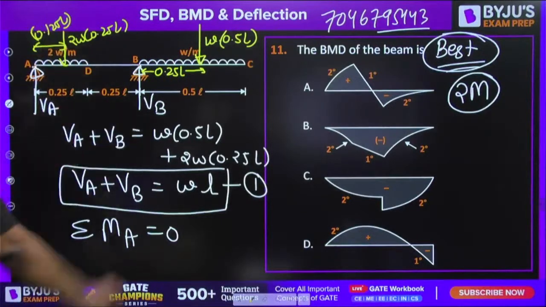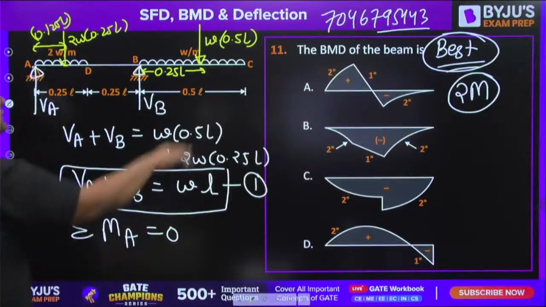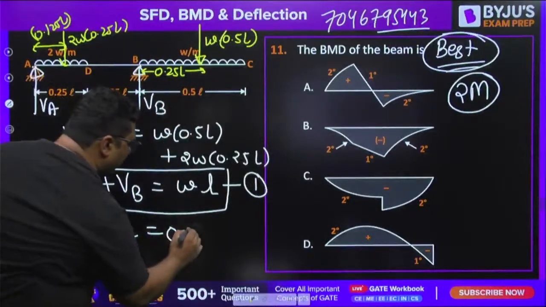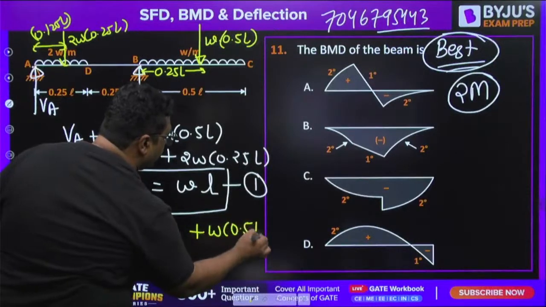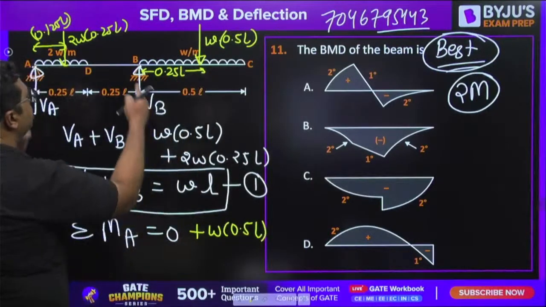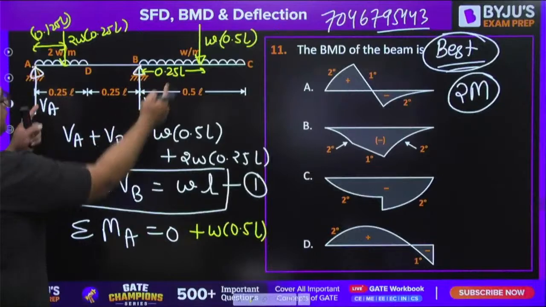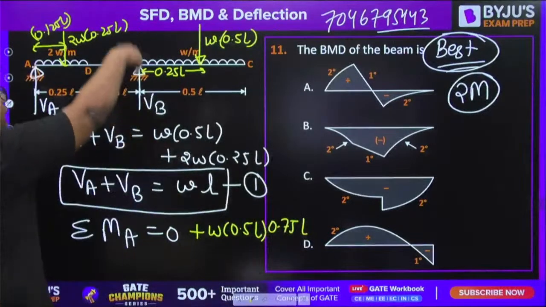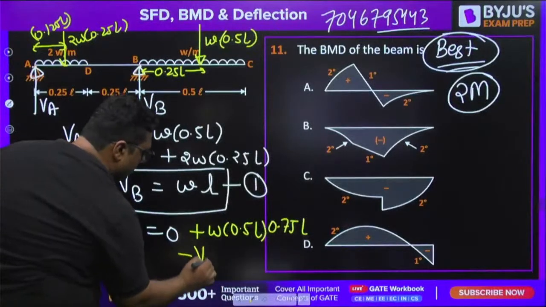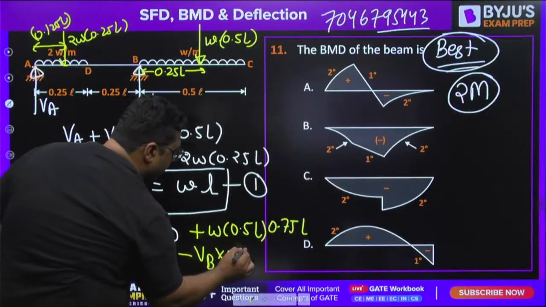0.125L. So when you take summation of moment at A equal to 0, this is creating clockwise, so I will write plus W into 0.5L, and the distance is 0.5 plus 0.25, 0.75L. Then this VB into 0.5L.